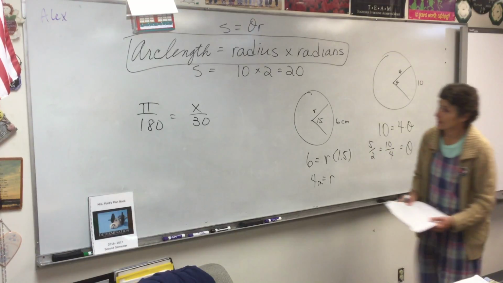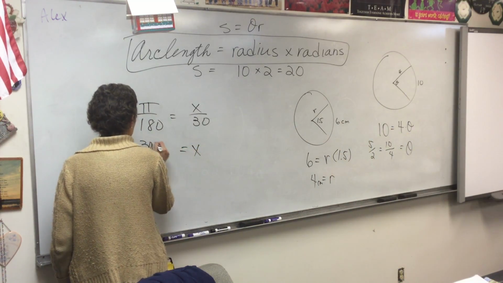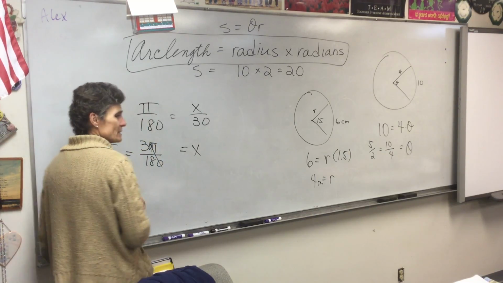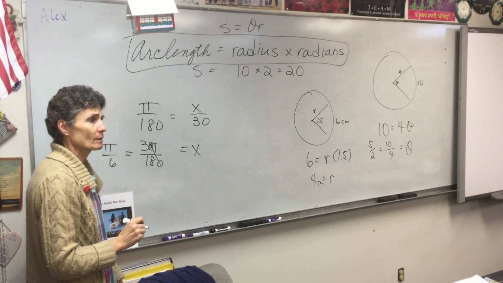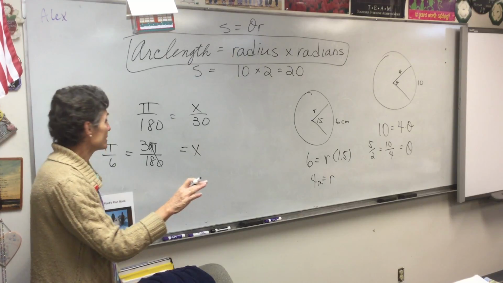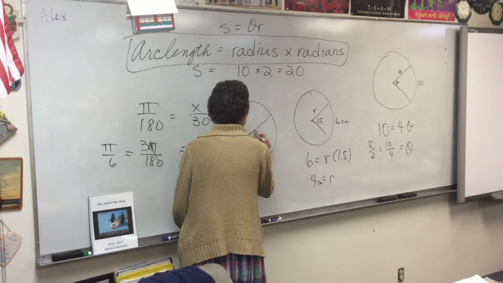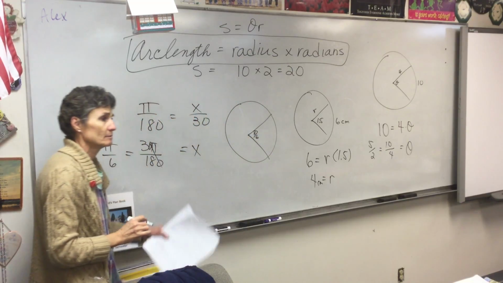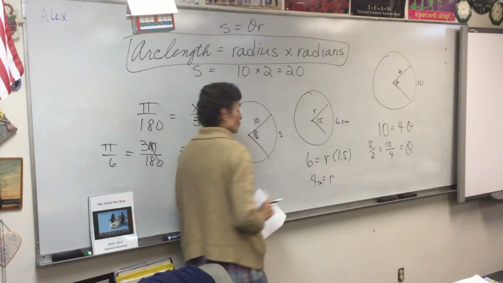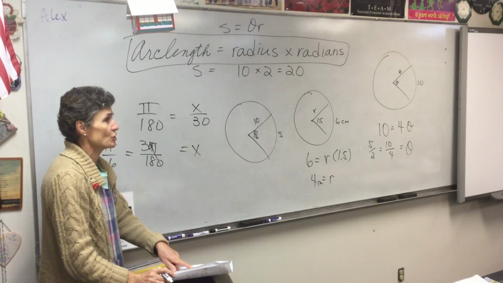So what does that work out to be? 30 pi over 180, which is pi over 6 if we take it all the way down. You're not done. What you just figured out is this angle is pi over 6. You already knew the radius was 10, and now you're going to find the arc length. That's what's going on in question D.